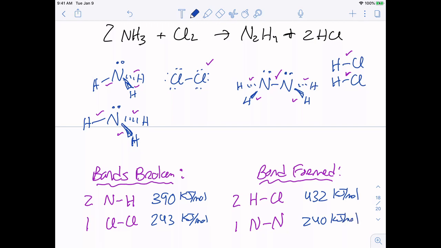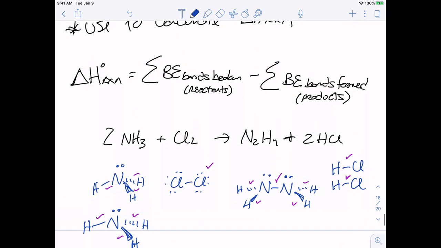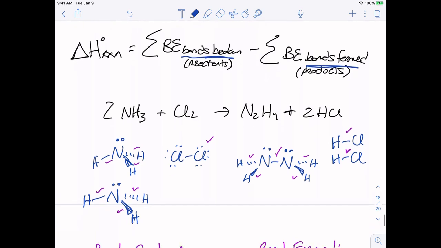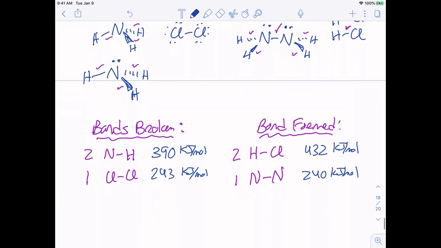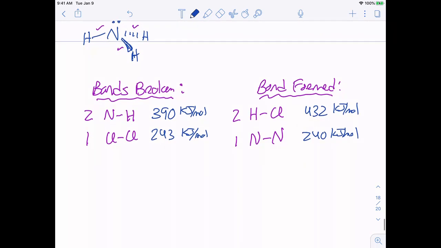So then we're going to do just like we did. We're going to do the bonds broken first, and then formed. So I have 2 nitrogen-hydrogen bonds, so 2 times 390. And then I have 1 chlorine.